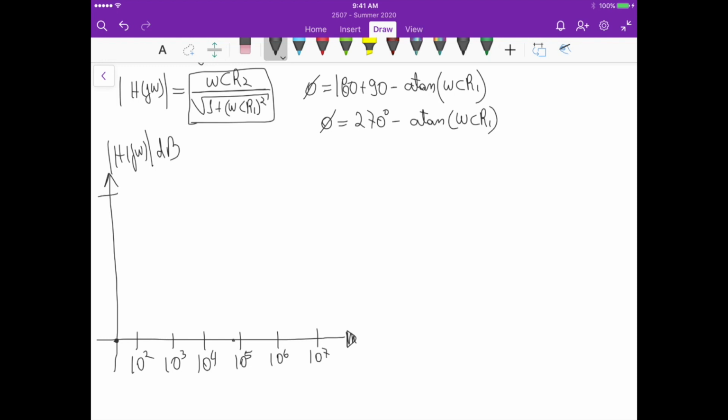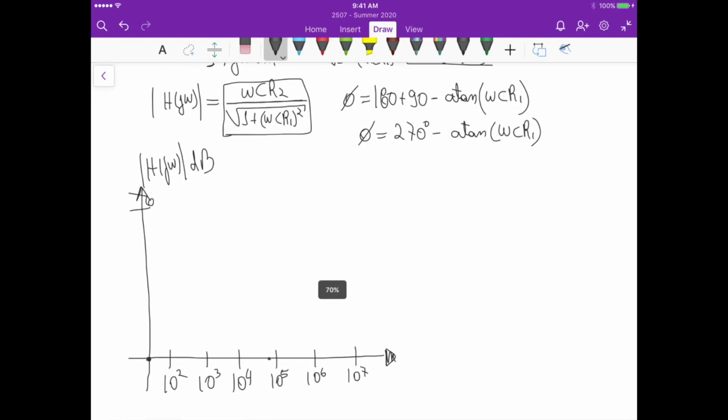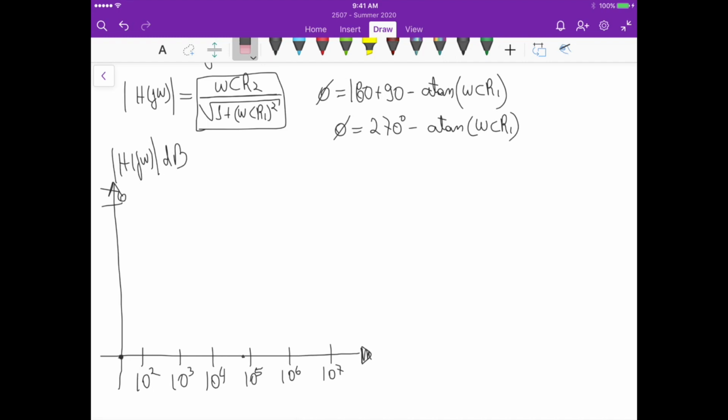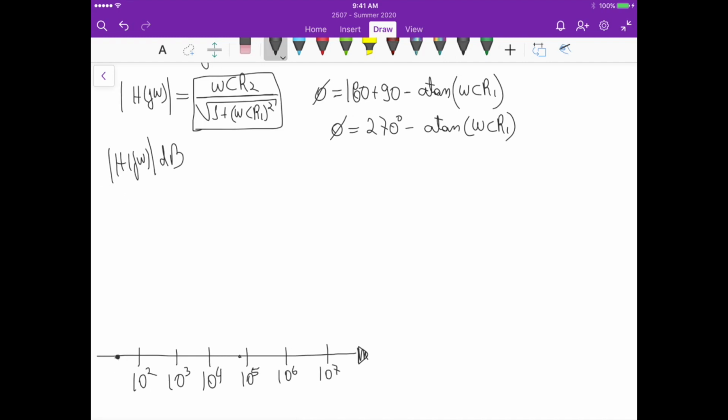And let me say we have 60, sorry. Just put this axis a little bit to the right. 60, 40, 20, and here we could say minus 20.